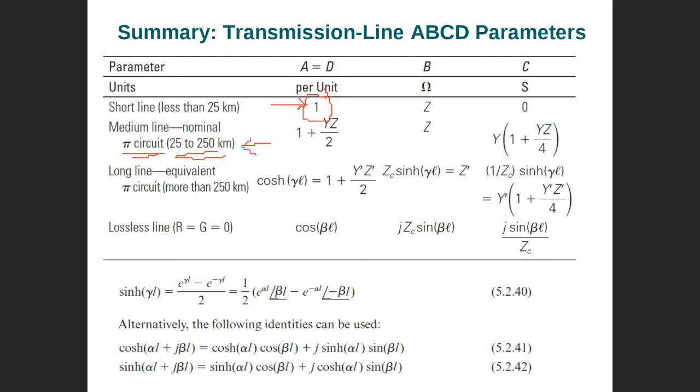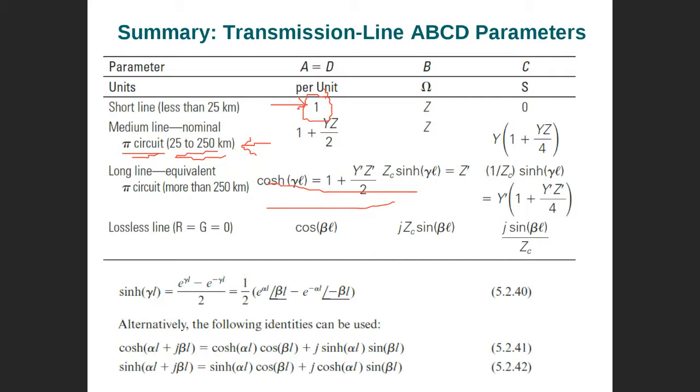If I have a medium transmission line, 250 kilometers or say 200 kilometers, and I solve it by the long transmission line equations, these are the equations now: sine, cosine, hyperbolic sine, hyperbolic cosine. It becomes a little bit complicated in terms of the equations. It's lengthy, actually. It takes time.